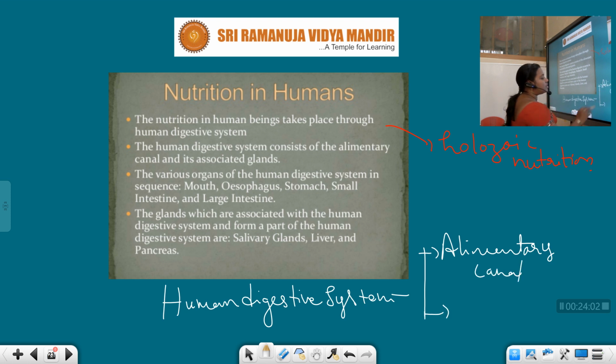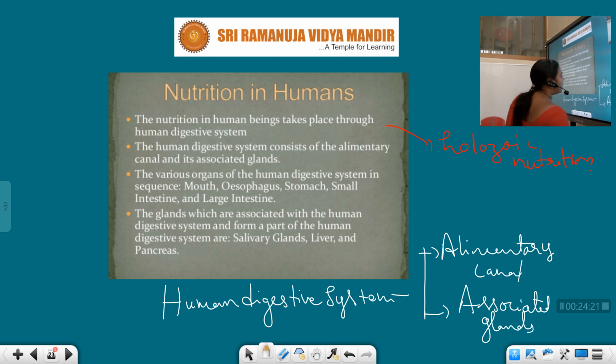And next what, children? Accessory glands, or associated glands, you can write. Associated glands. Understand? Alimentary canal and associated glands.